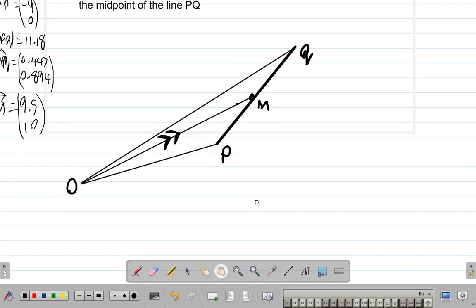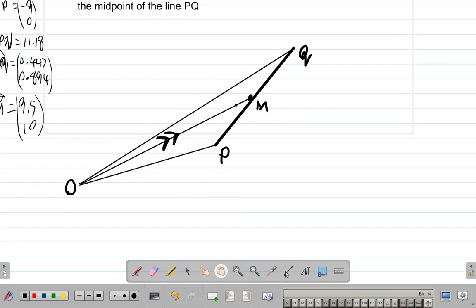Here, if we consider MQ and then O and P, we're taking this side of the triangle, and let's highlight this part here.